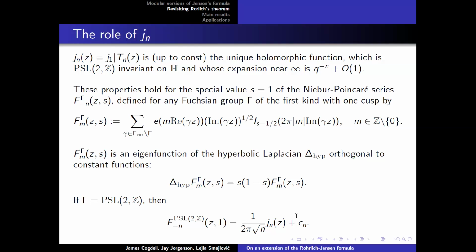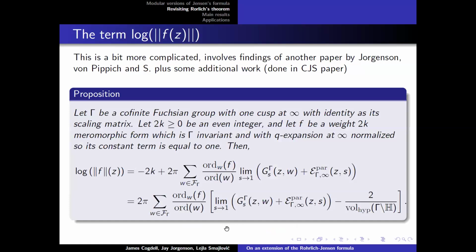Okay, so instead of Jn, we can actually look at the inner product with the Niebur-Poincaré series. Okay, so what about the term, the log norm of f of z? Well, it's a bit more complicated to express this term in a certain way, and it involves findings of another paper that is joint with Jay and Anna von Pippich.